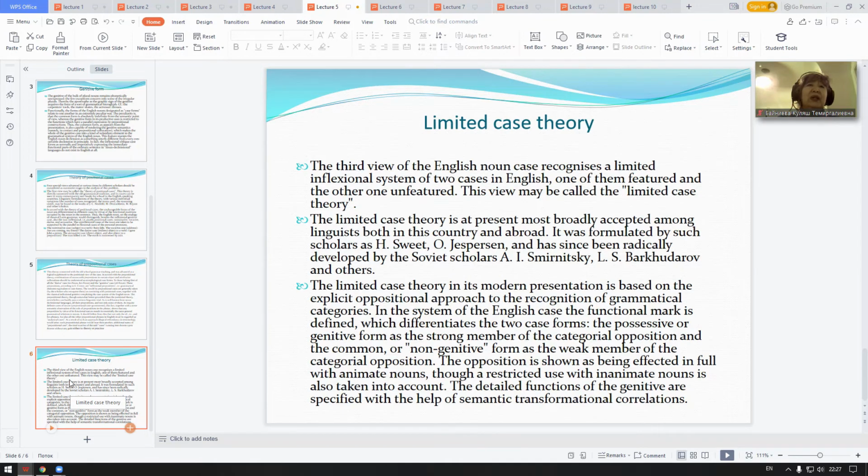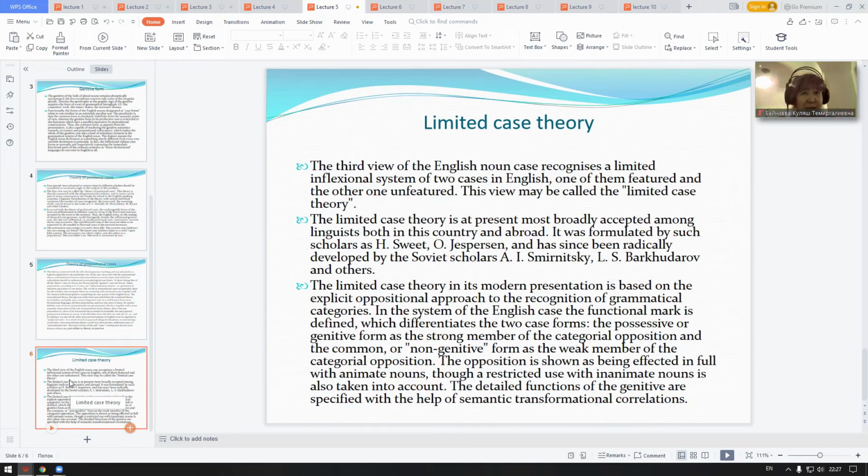It was formulated by such scholars as Sweet and Jespersen, and has since been radically developed by the Soviet scholars Smirnitsky, Barkhudarov, and others. The limited case theory in its modern presentation is based on the explicit oppositional approach to the recognition of grammatical categories.